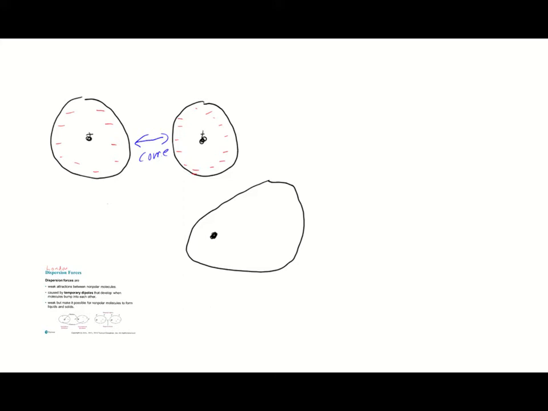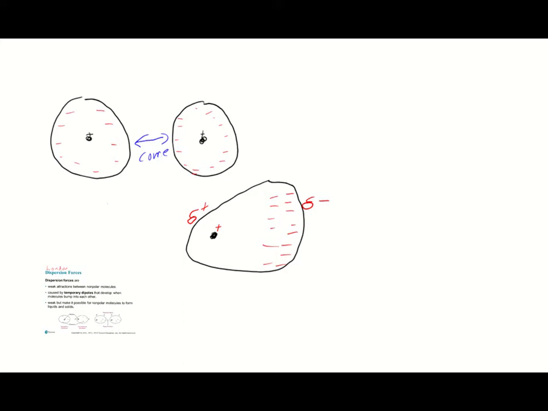And when that atom distorts, it shifts the charge density of the atom. It creates an area where the electrons have sort of left that has a partial positive charge, and where the electrons have shifted, they have a partial negative charge.